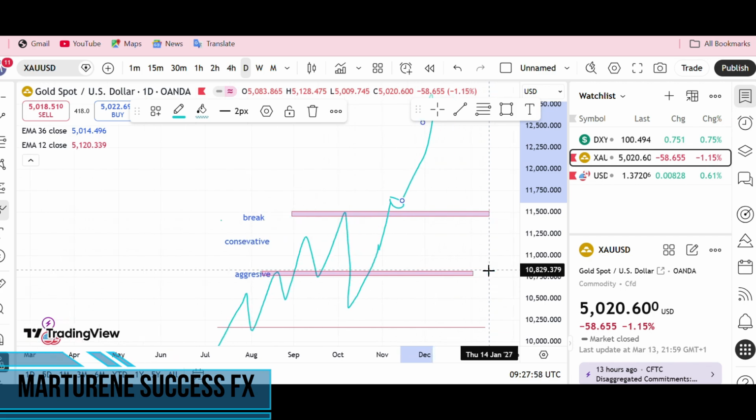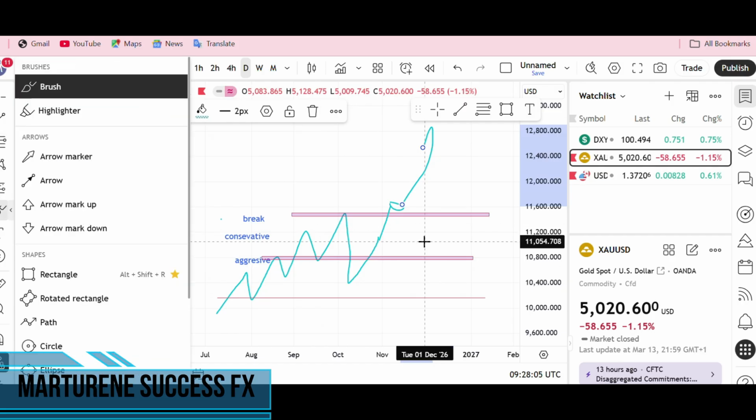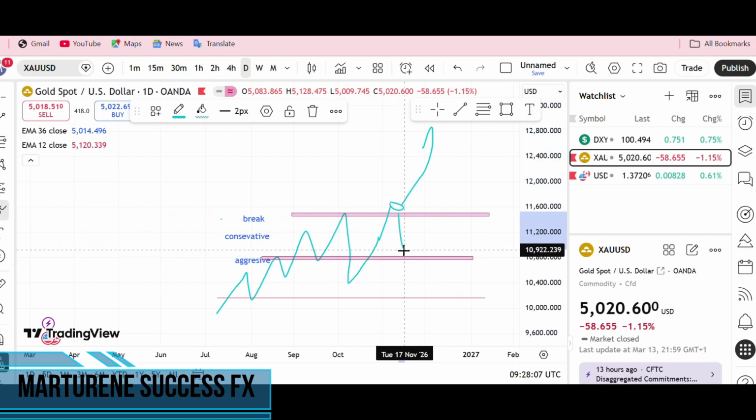Now, when you want to trade the conservative method, you wait when the market breaks. For example, the market is moving up and it is coming to this support. When it breaks this support, you don't enter the market.